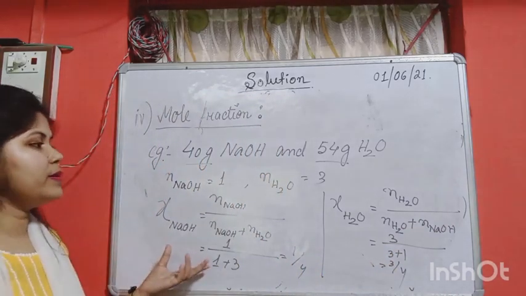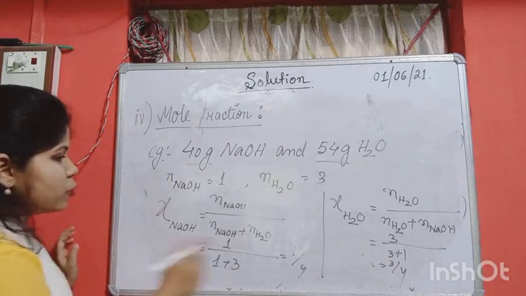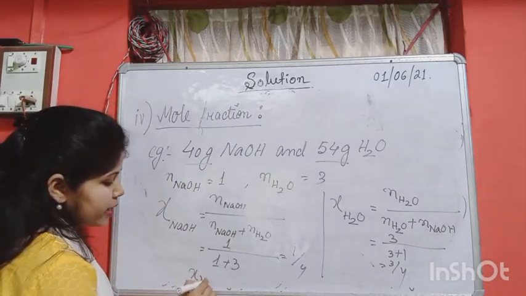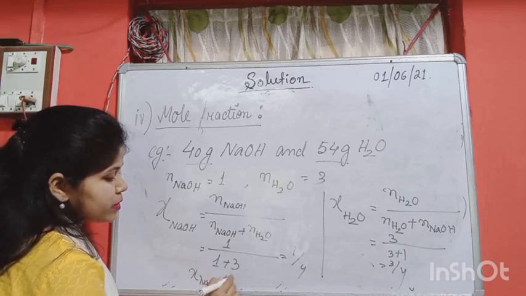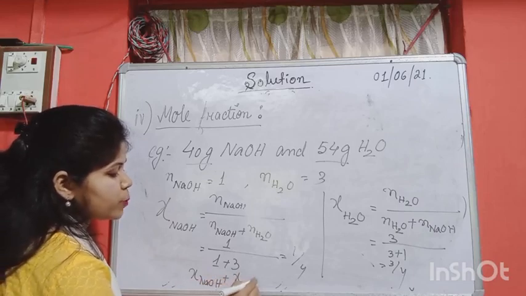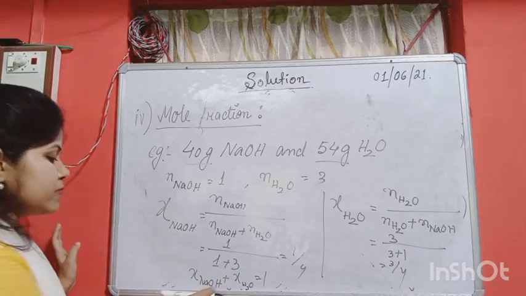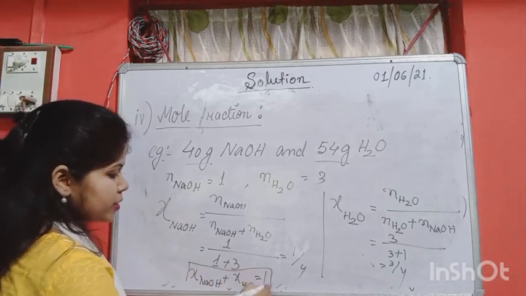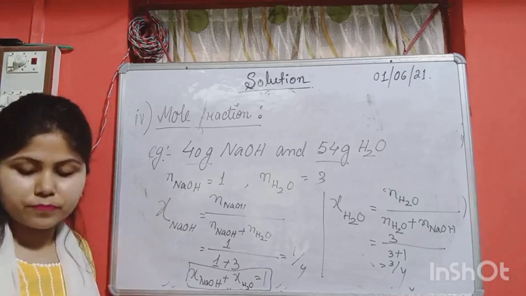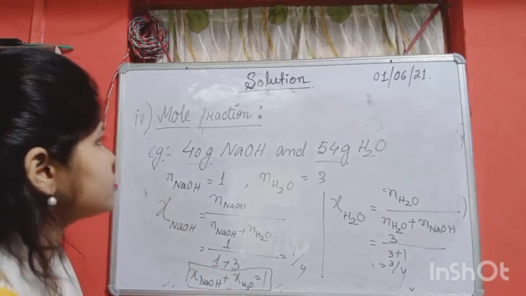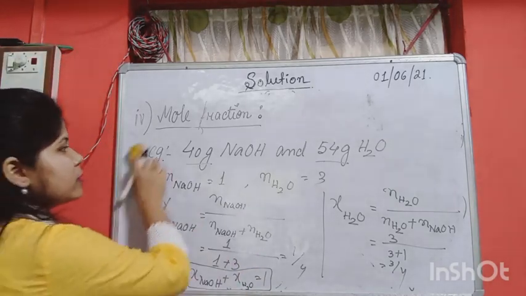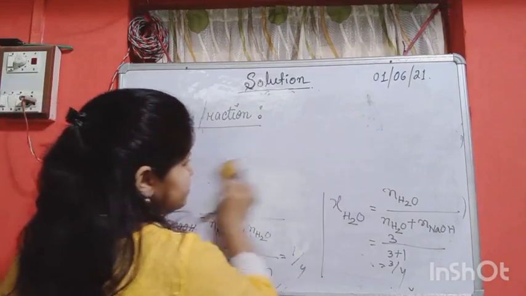We have to remember one thing: after adding the mole fractions, zeta of NaOH plus zeta of H2O should always be equal to 1. Otherwise my answer is wrong. So adding both mole fractions, we have to get 1 only for 2 elements. So this is all about the mole fraction. I hope you have understood.